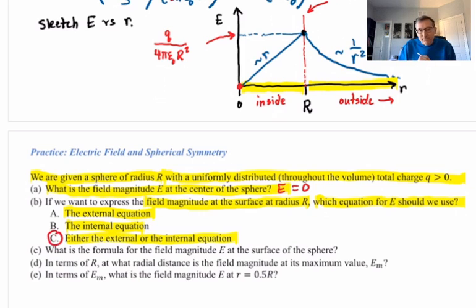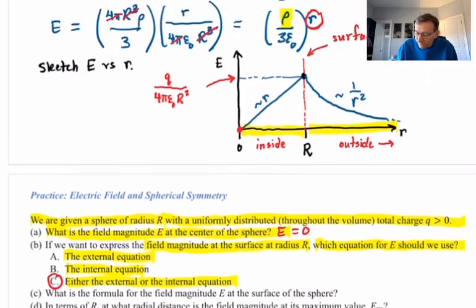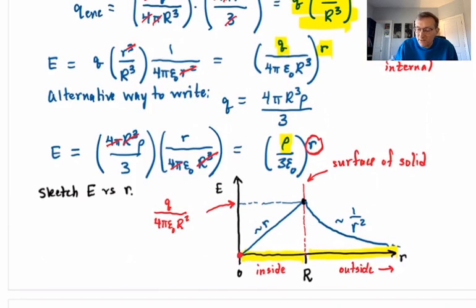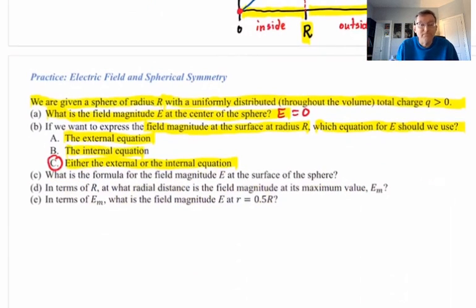You can use either, because as we showed in our graph, when you are at the surface of the sphere, little r equal to big R, the E field formula for the inside and the E field formula for the outside match. They're equal. They agree because that's where they meet up. Okay? So you can use either. You'll get the same answer either way.